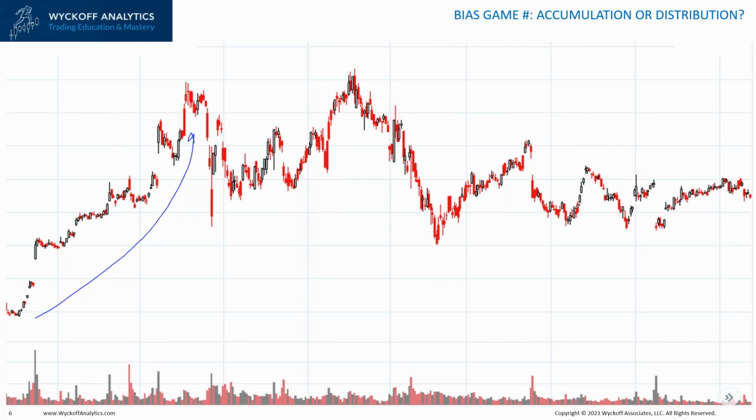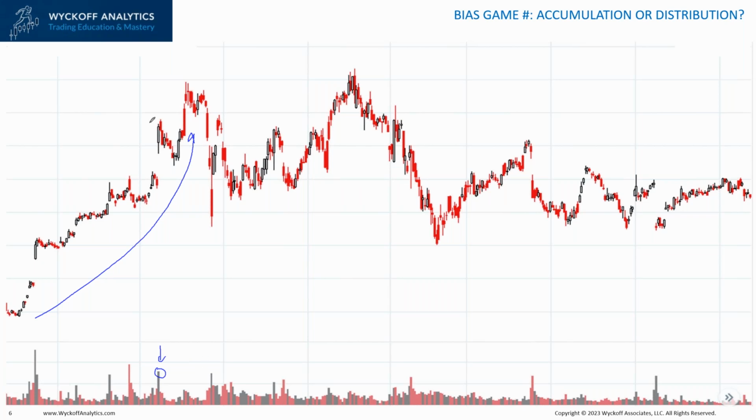So the volume came in an increasing fashion, where you drew it, right there. There was a spike in volume. That's when first supply came in there.